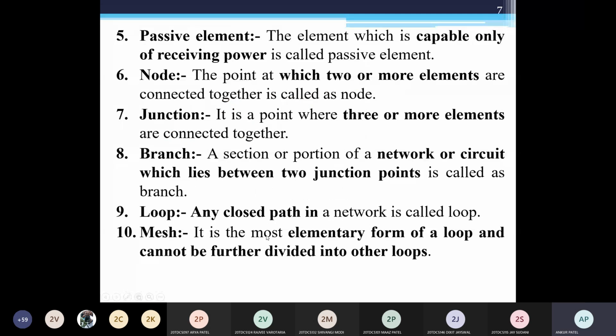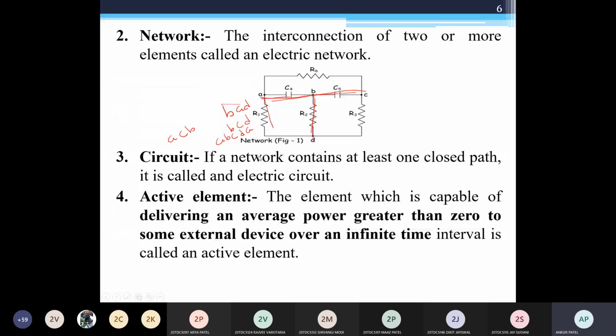Mesh is the most elementary form of loop, and it cannot be further divided into other loops. So that is called a mesh. Here I have written 4 loops, so how many meshes are there? Only 3. So which one do I have to cancel? ABCDA. So a mesh is the most elementary form of loop that can't be further divided into other loops.